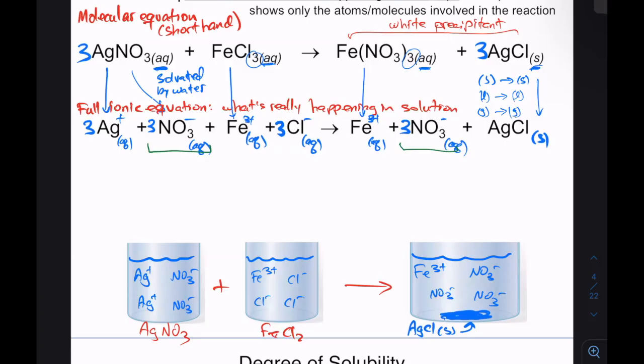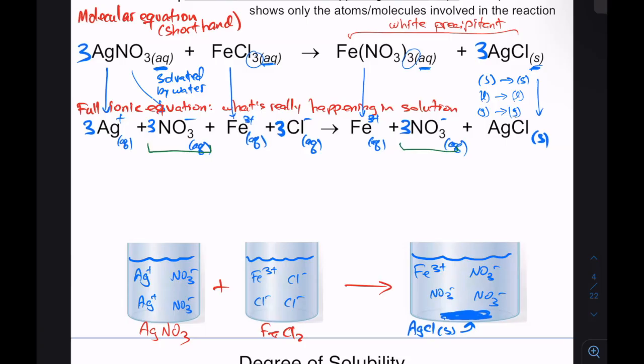And as you look at the drawings here, hopefully you'll realize that the nitrate ions aren't doing anything at all. They're not reacting. They're simply there to bring the cations and anions together that are reacting, the silver and the chloride. You can't go to the laboratory and find a bottle of silver cations lying around. They're always partnered with some other anion, in this case nitrate.